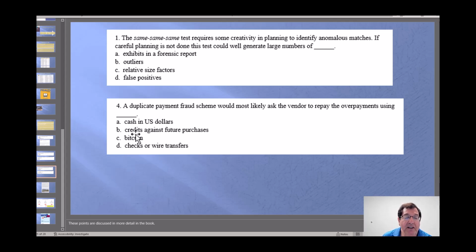If they repay using credits, well, the accountant, or the treasurer, is not going to be able to get his or her hands on the money because it's a credit against future purchases. Bitcoin, I just put that in there. I think I should change that to Dogecoin or Ethereum or something next time I do the question. But the answer is checks or wire transfers.